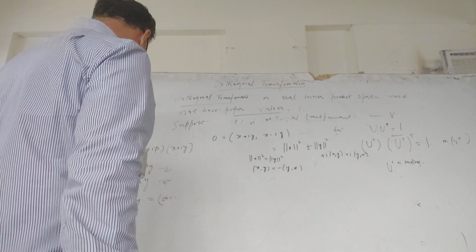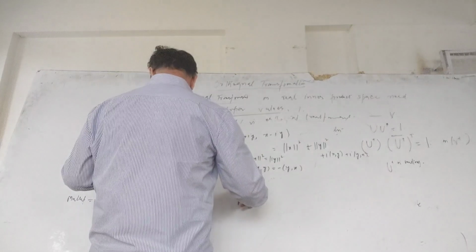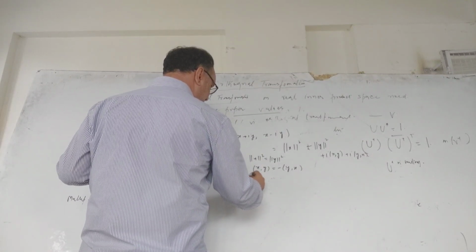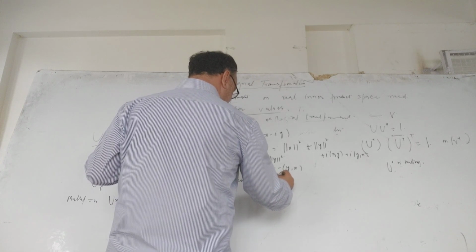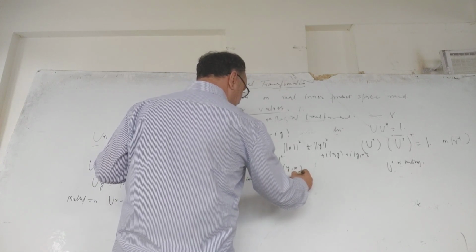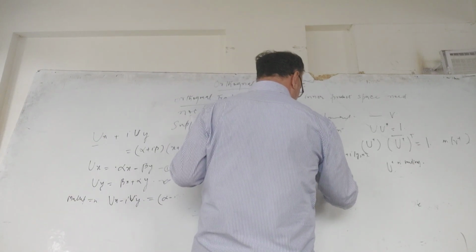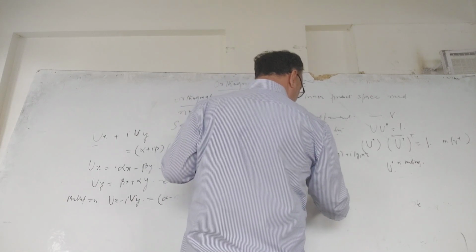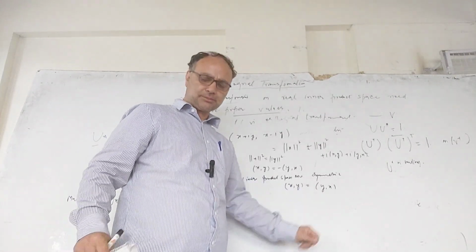It is antisymmetric. But linear inner product vector spaces are symmetric. That means xy is equal to yx. So we can only change the order of xy to yx if it is symmetric.